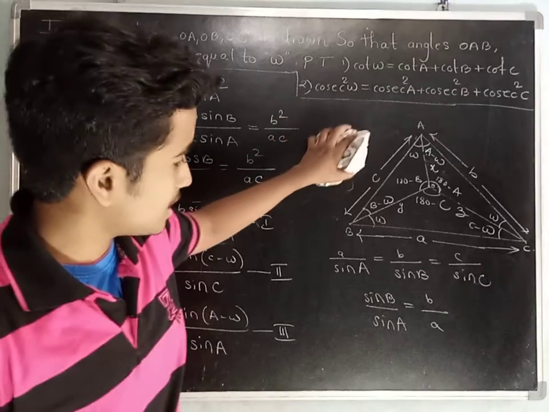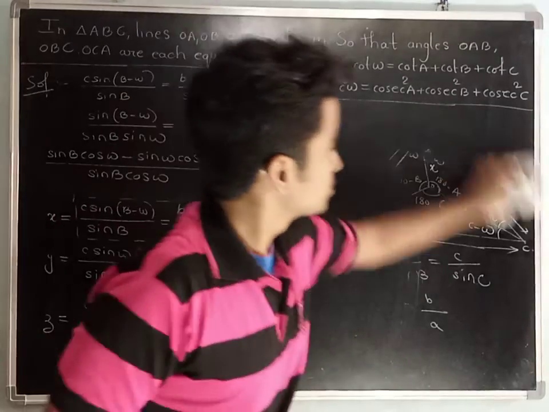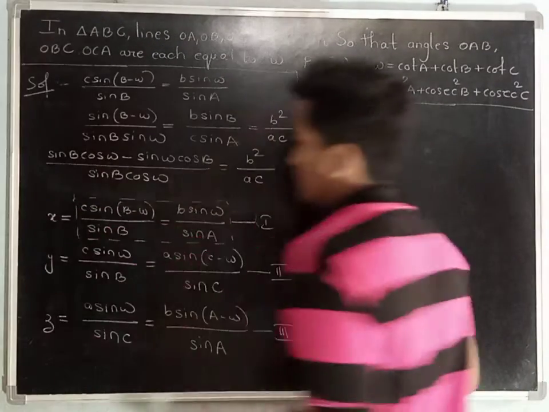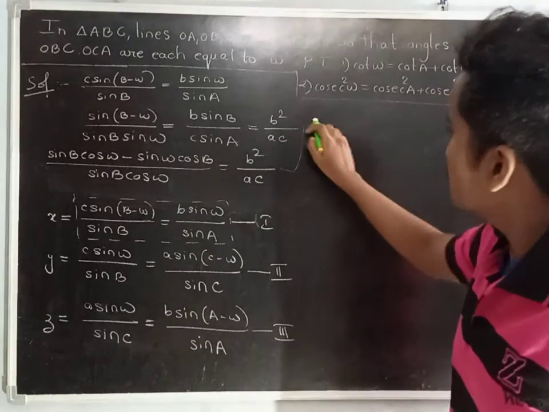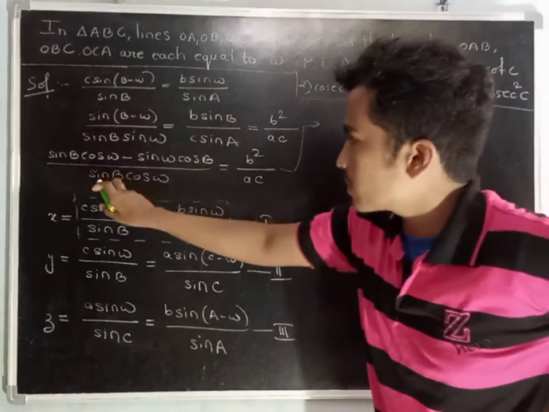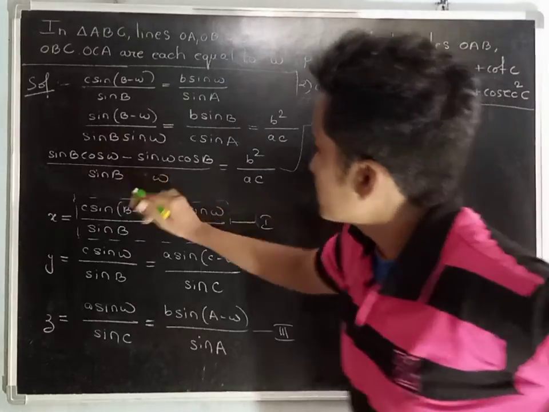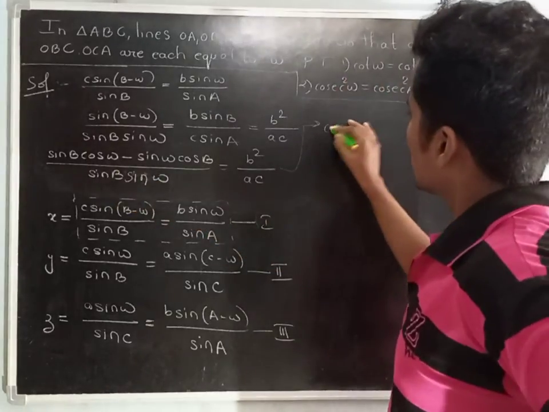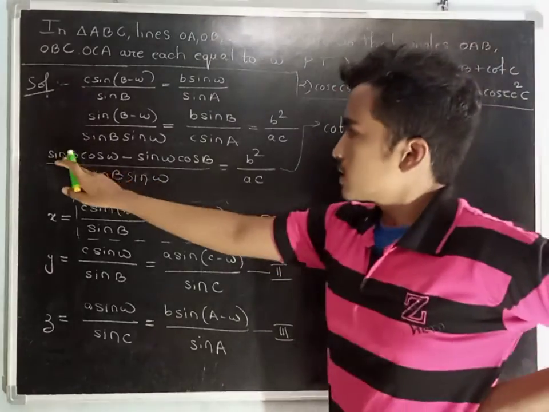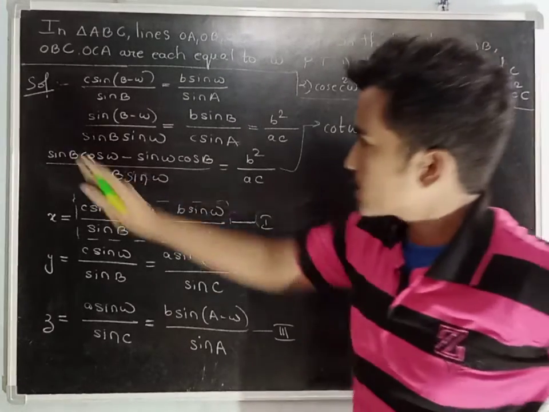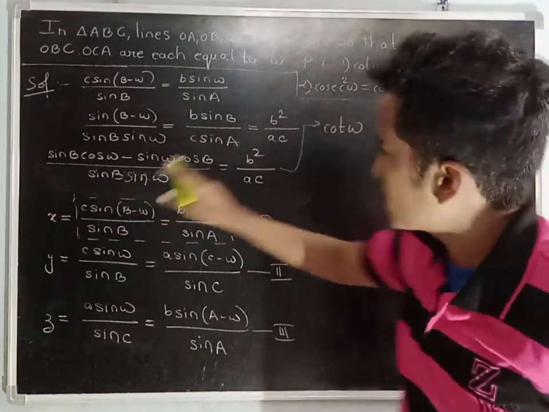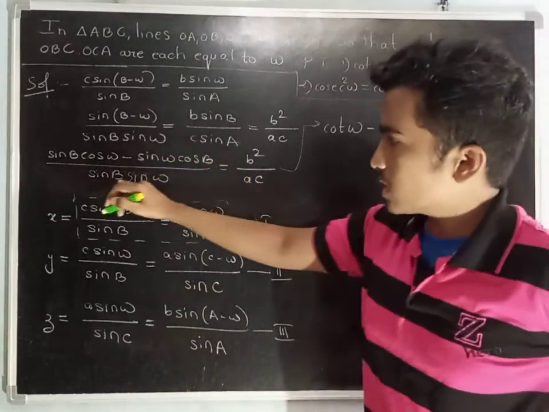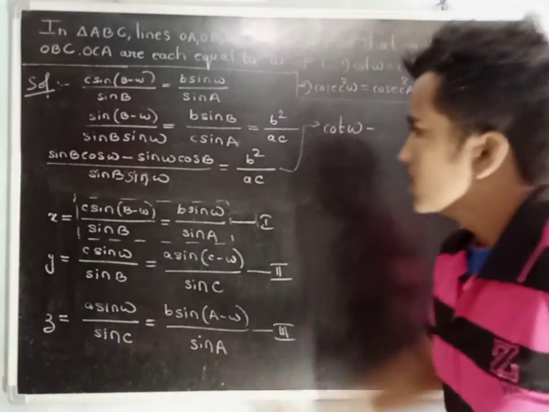Let me erase this triangle. Let me write the further part from here. It is the continuation. Sin B cos omega by sin B sin omega, sin B gets cancelled, cos omega by sin omega, it's nothing but cot omega, minus sin omega cos B by sin B sin omega.